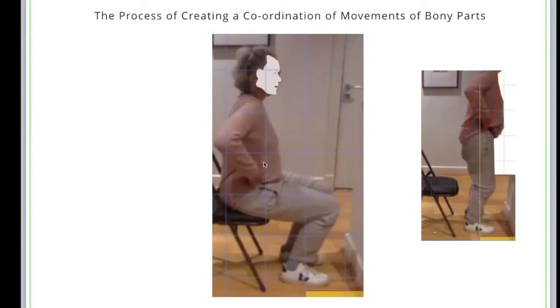So we have the first image on the left, and you will see that image is going to evolve, and we will get to that last image, which is the moment when she's standing with the hips too far forward and the abdomen protruded, the upper torso, of course, unduly lifted, and the back arched.